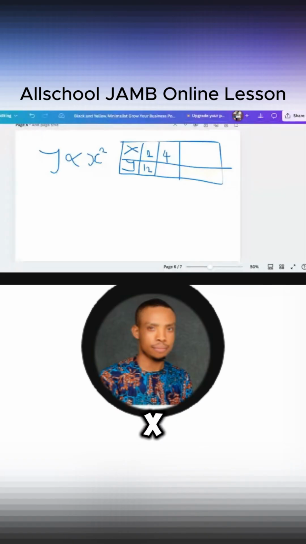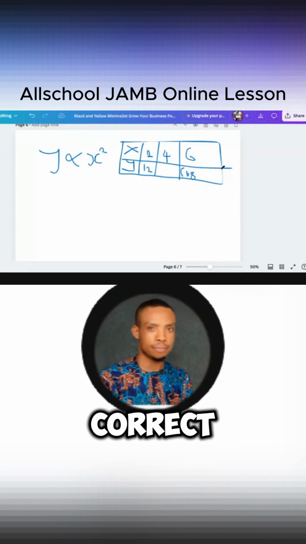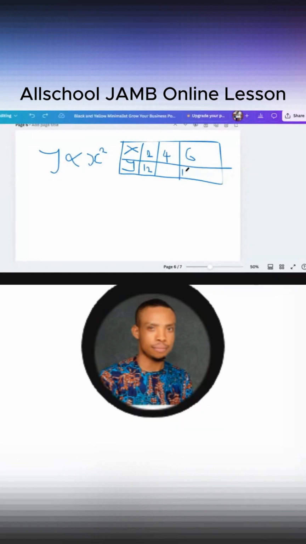When x is 6, y is 108. I want to believe this is correct, 108. Next, we are meant to look for x when y is 192. So we will do all this just now.